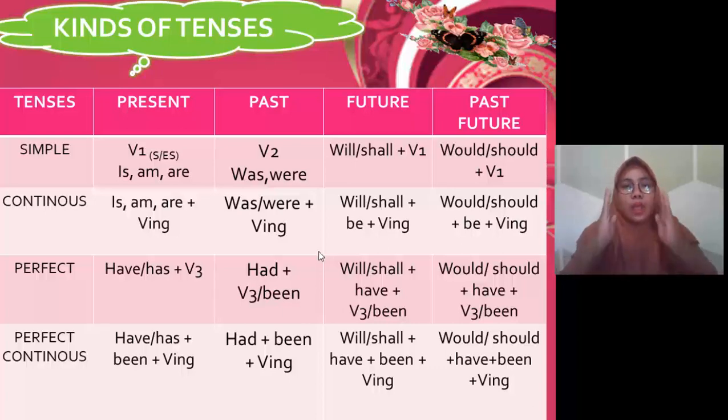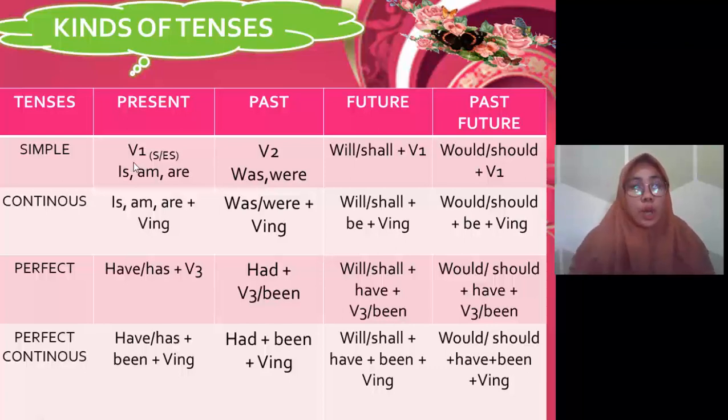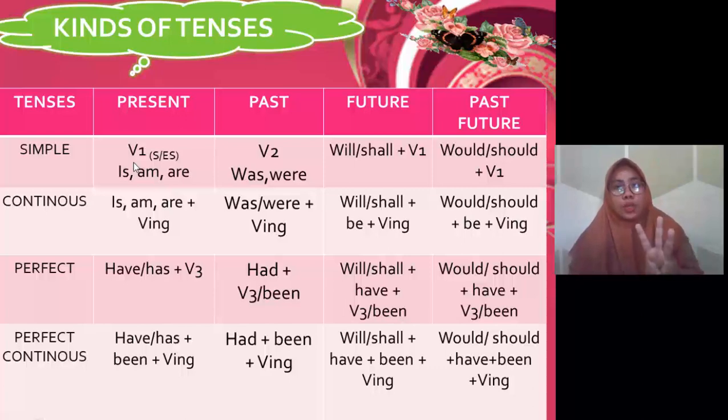Okay. For the present part, all of the kinds of present must use verb 1. Because as we know, there are 3 forms of verb: verb 1, verb 2, verb 3, and verb ing for the continuous. Right?